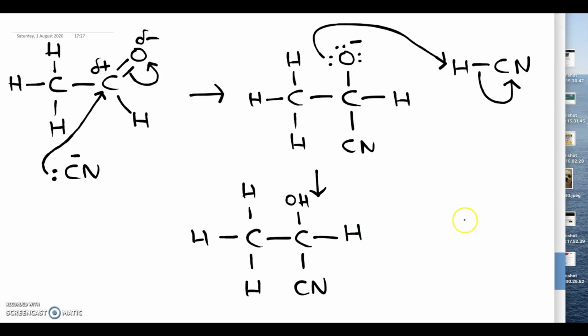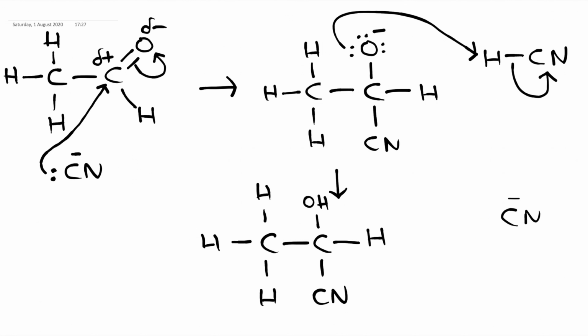Now, instead of drawing the arrow from the oxygen pair of electrons to the HCN, I could have drawn it to an H plus. That would be perfectly fine. Now, the way I've drawn it, I've shown that the hydrogen cyanide bond breaks for you to generate the CN minus and for you to generate the H plus that adds to this O minus intermediate.